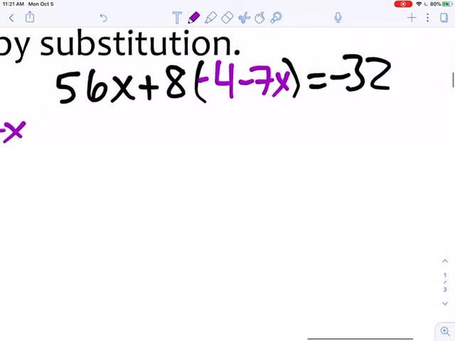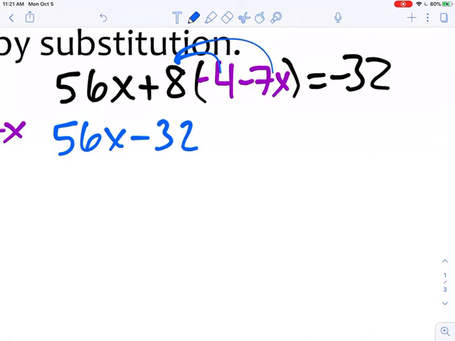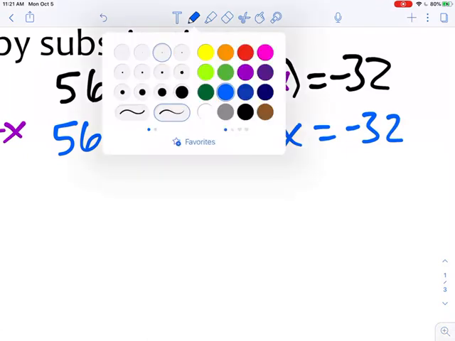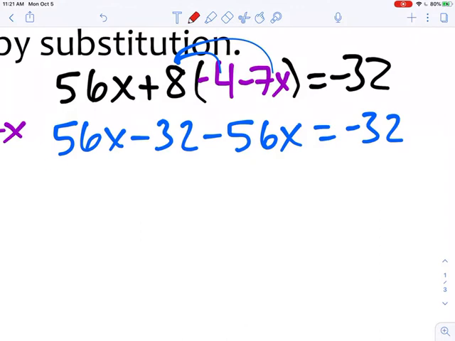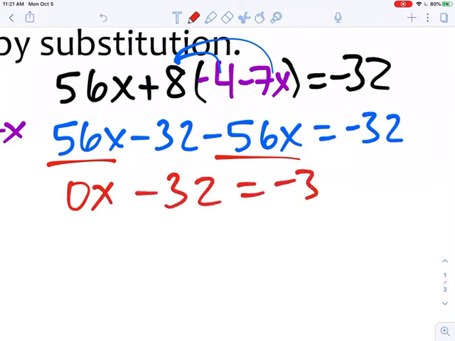And then we'll solve. 56x comes on down. 8 times -4. 8 times -7. All right. So now watch what happens here. When we combine our like terms, 56x minus 56x is 0x minus 32 is equal to -32.